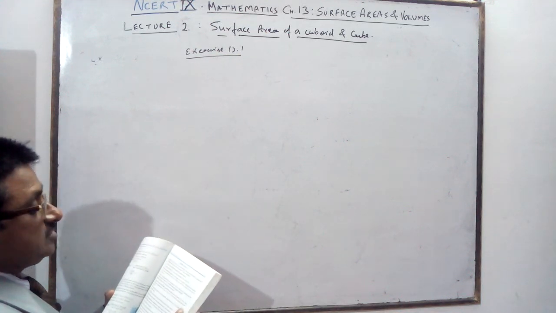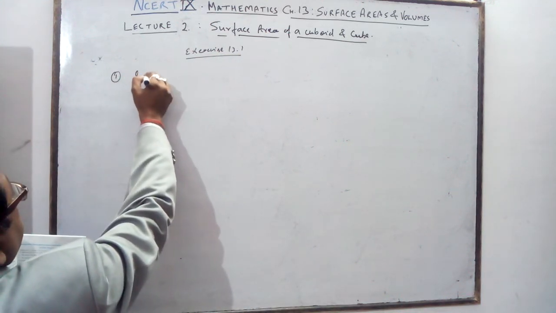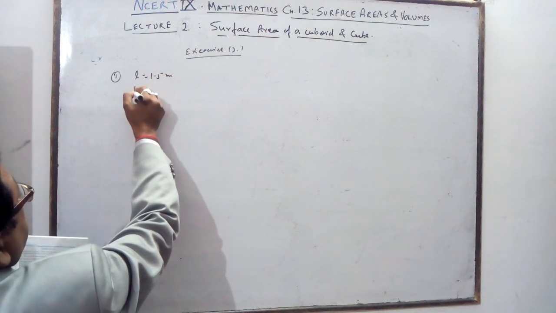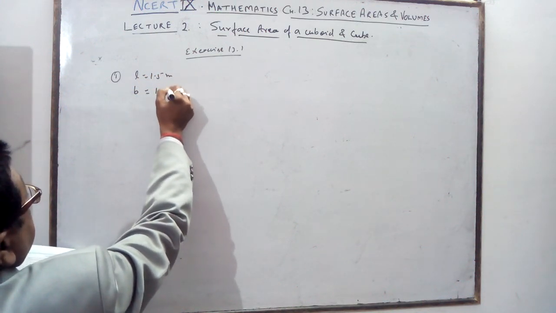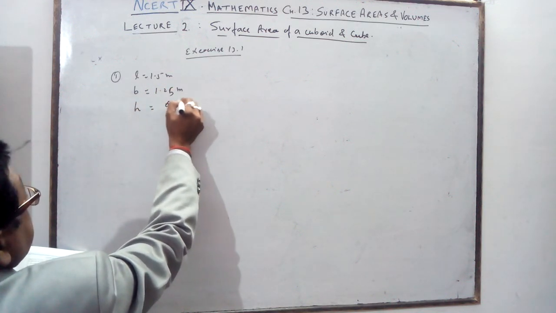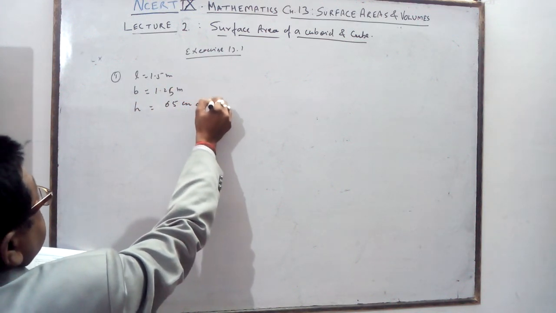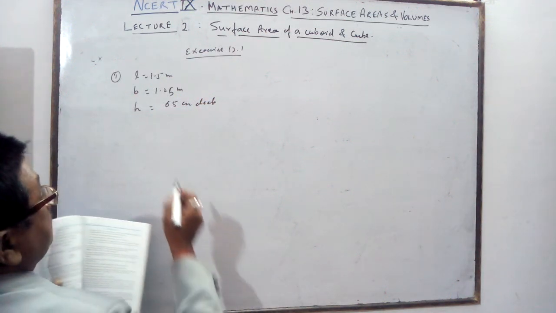Question number 1: a plastic box 1.5 meter long, 1.25 meter broad and 65 centimeter deep. Deep means height. It is open from the top.